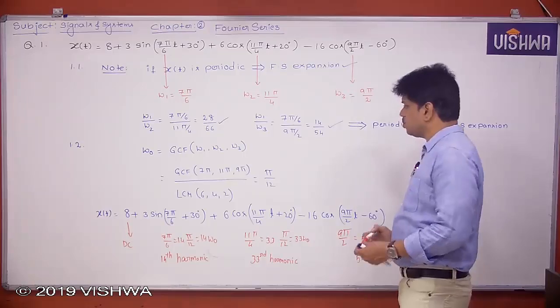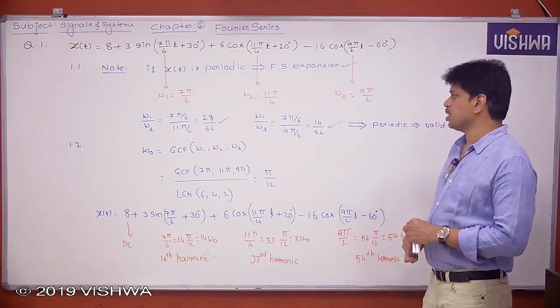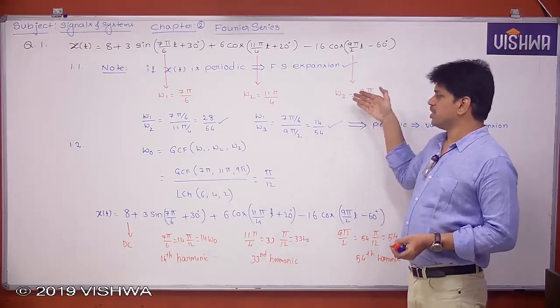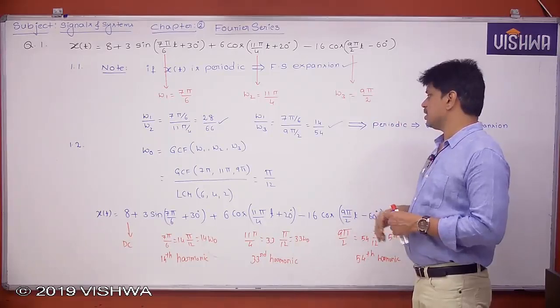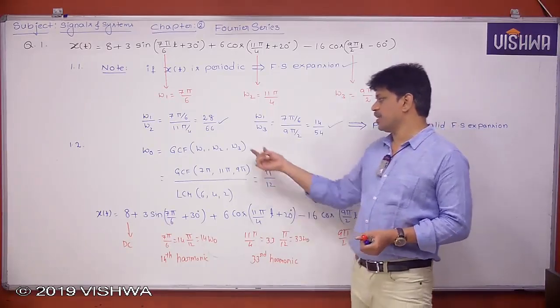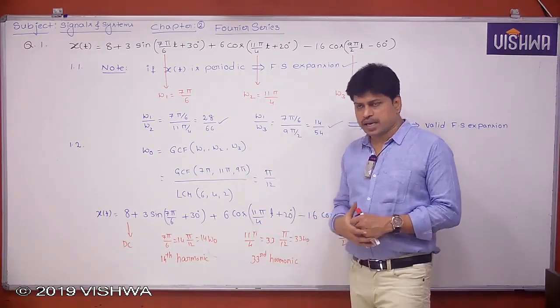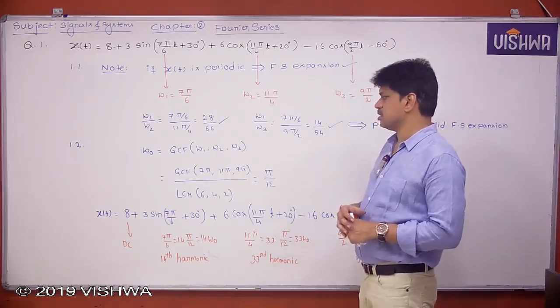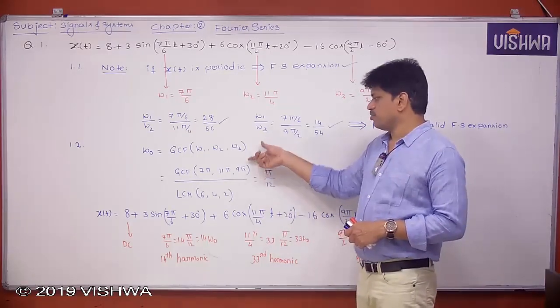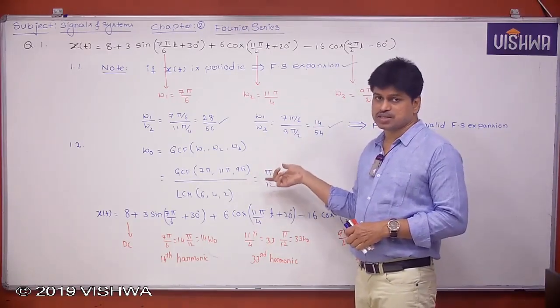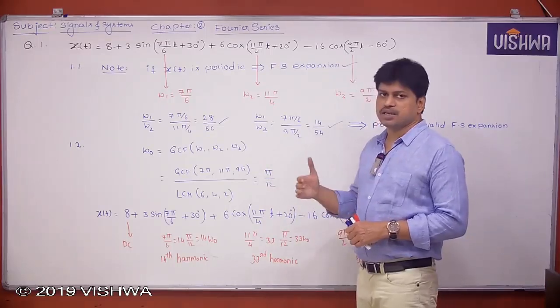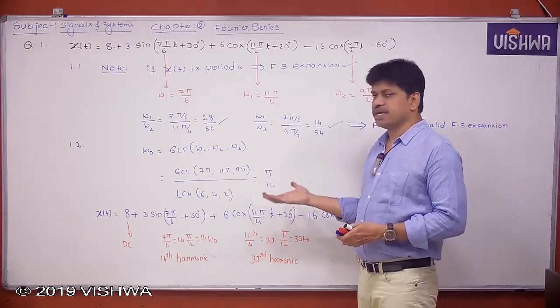I hope you understood what I am trying to say. First, we have to check whether it is periodic or not. Once we say it is periodic, we have to find omega naught. How do we calculate omega naught? It is the GCF. We discussed this in the fundamentals of periodic and aperiodic signals.